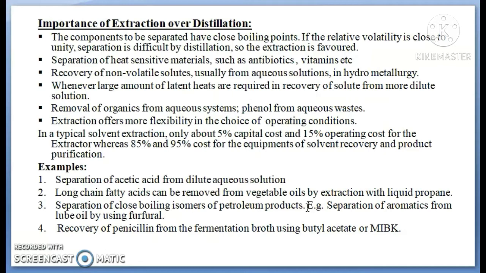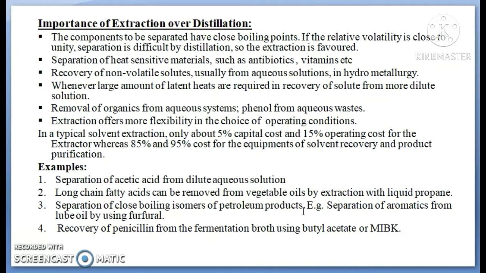In the second case, where the separation of heat sensitive materials such as antibiotics, vitamins, particularly pharmaceutical products, is to be carried out, we have to follow the extraction operation. Then third is the recovery of non-volatile solute, usually from aqueous solution in hydrometallurgy, where the latent heat of water is very high, and this can be achieved by extraction rather than distillation.